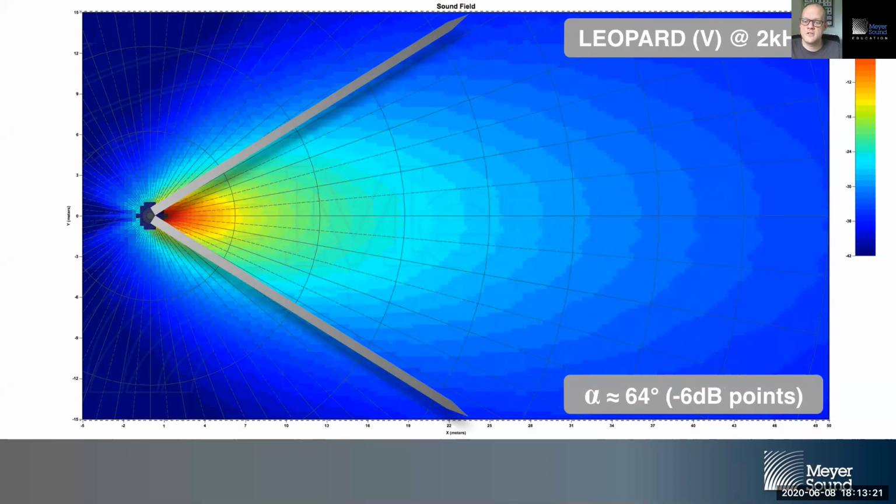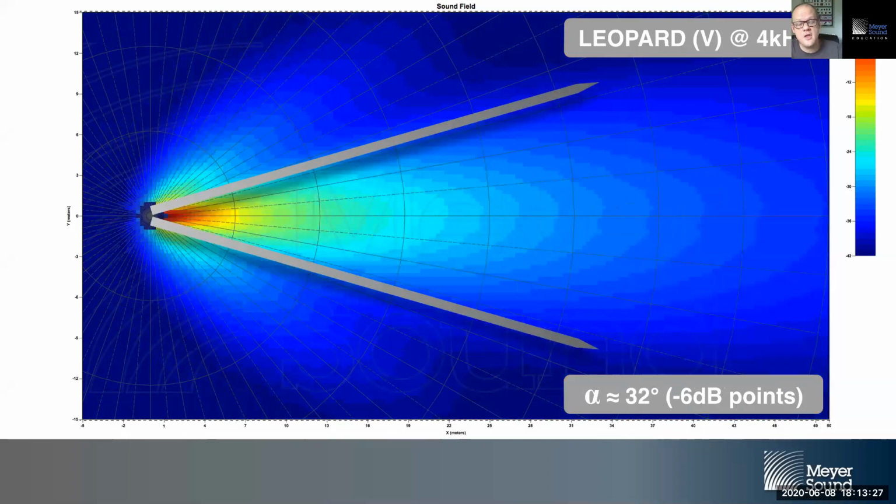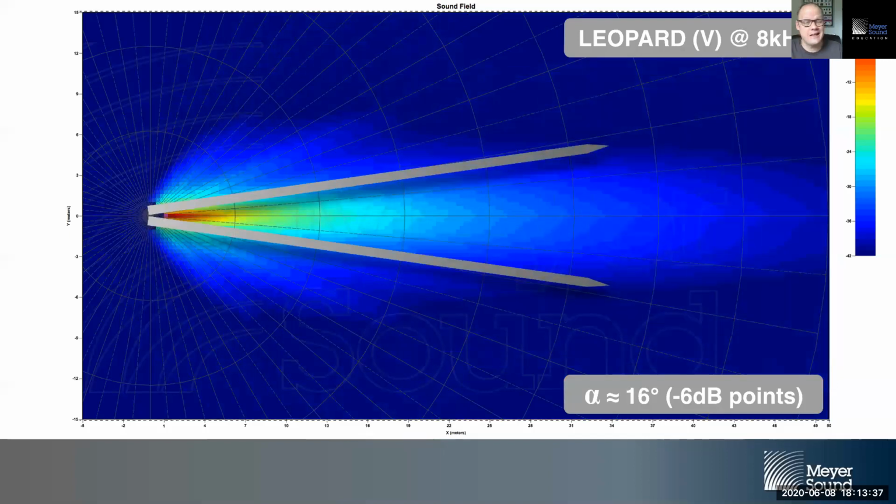Come 2 kilohertz, it's now only 46 degrees of vertical coverage. At 4 kilohertz, that value has essentially been cut in half, and at 4 kilohertz, we see a vertical coverage angle of 32 degrees. At 8 kilohertz, it shrunk even further. At 8 kilohertz, we're looking at 16 degrees of vertical coverage.